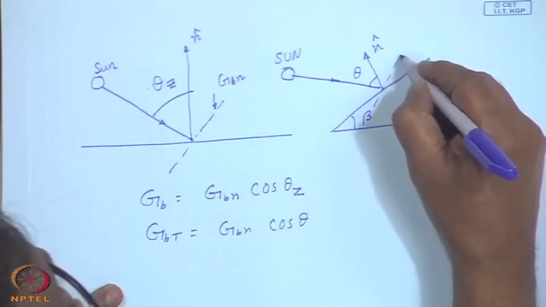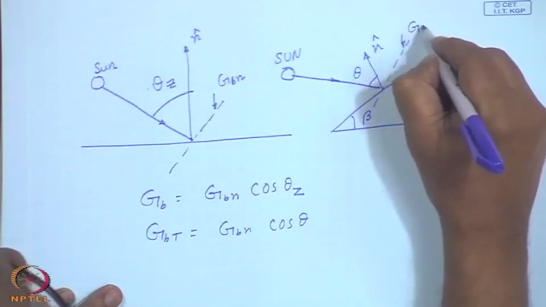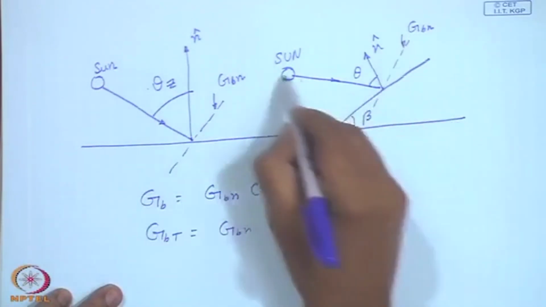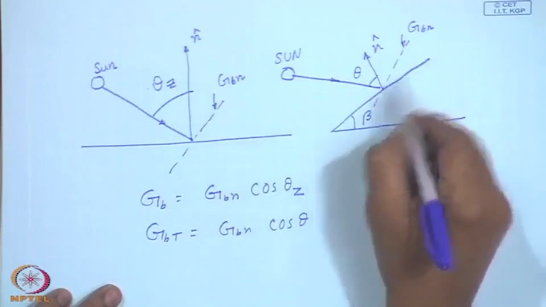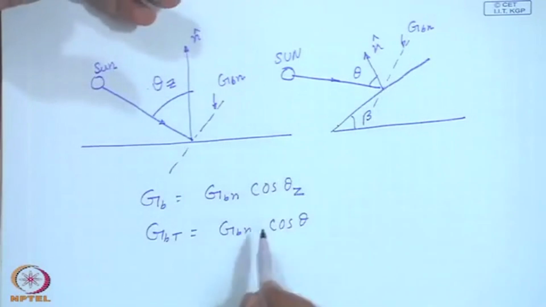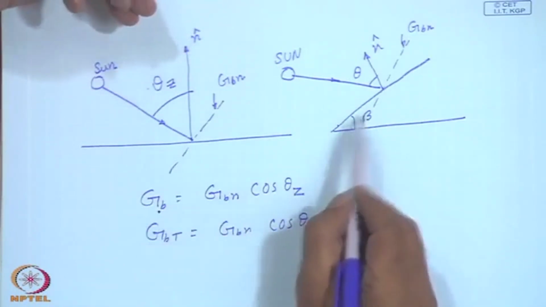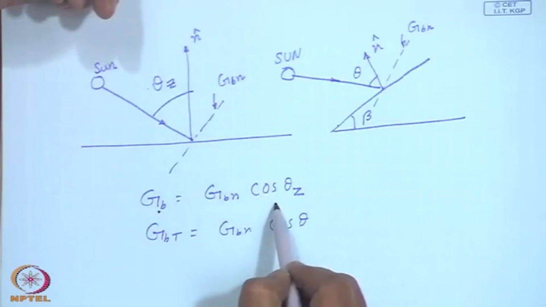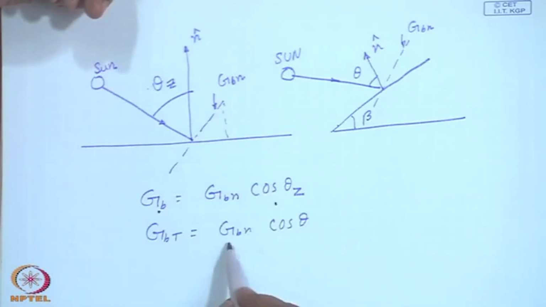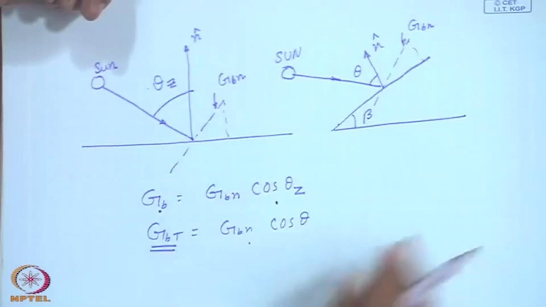That also will be GBN. The reason being, this is the plane normal to the sun's ray, whether there is a tilted surface or a horizontal surface is no consequence. So, the horizontal radiation GB will be either GB normal into cos theta z, here projection of this, or GB normal into cos theta, which will be GBT. Okay.